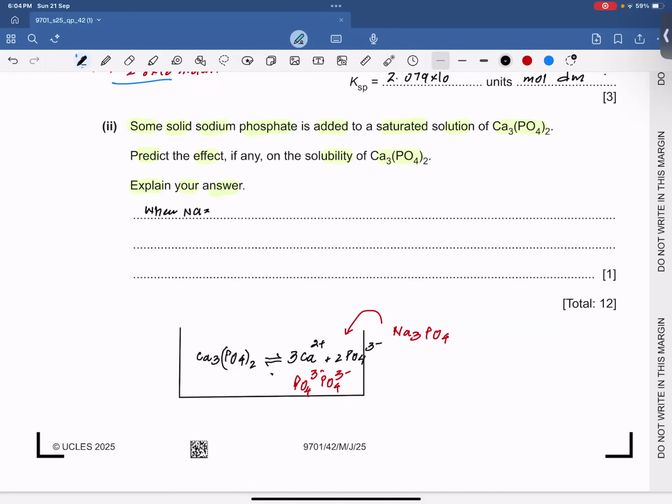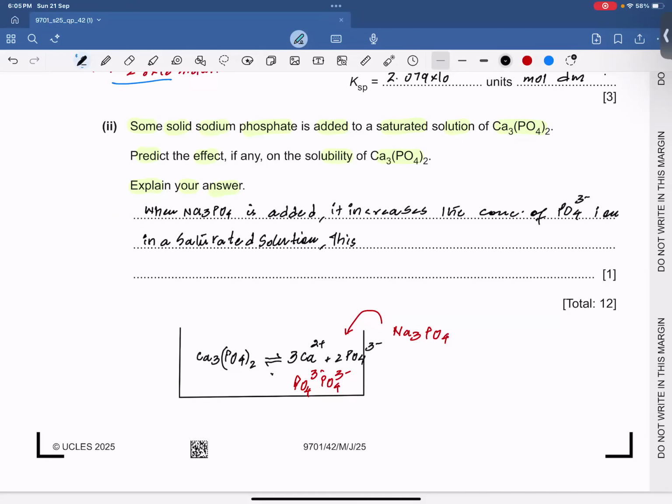When sodium phosphate is added, it increases the concentration of phosphate ion in a saturated solution.